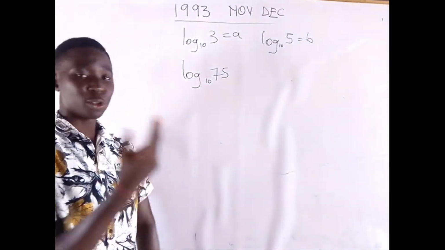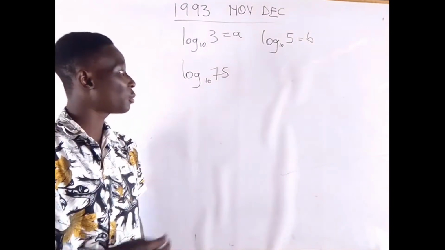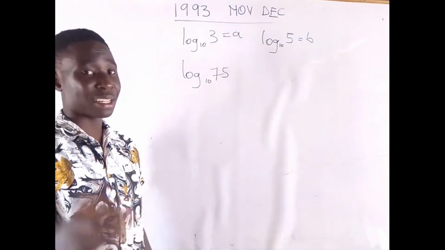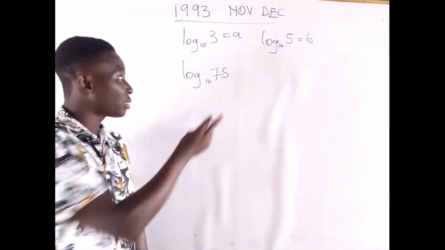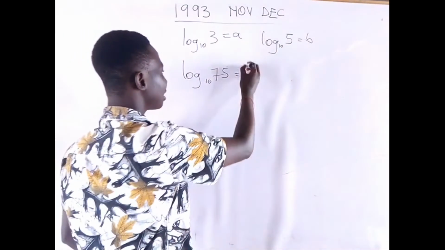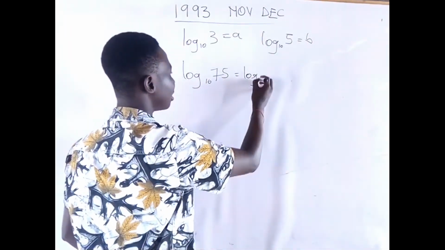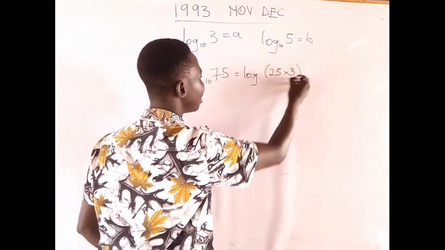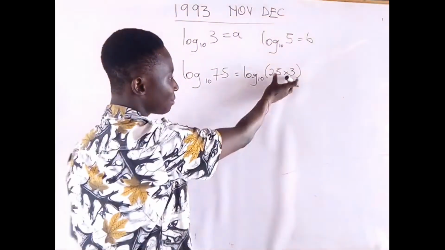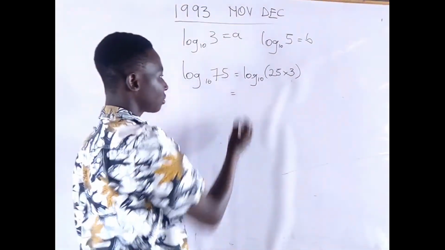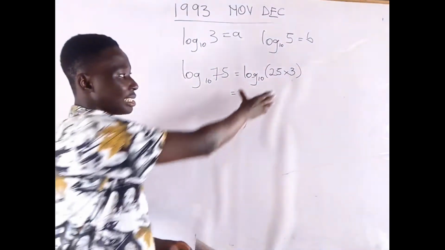So now we look out for two numbers that when you multiply, you are going to get 75. And these numbers are 25 and then 3. When you multiply these two numbers, you will get 75. So we're going to get log 25 times 3 base 10. So now this is a single logarithm.